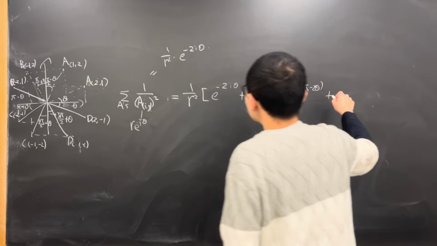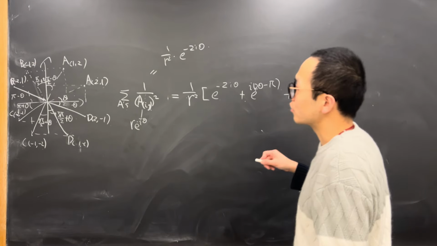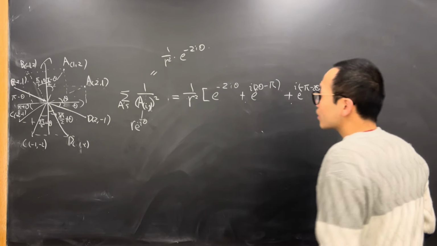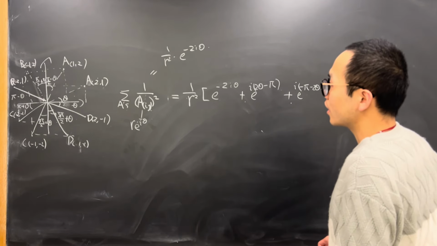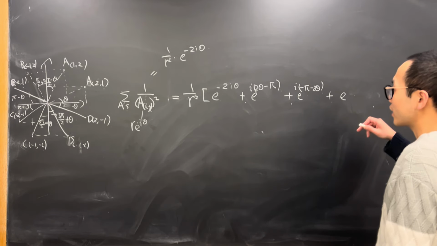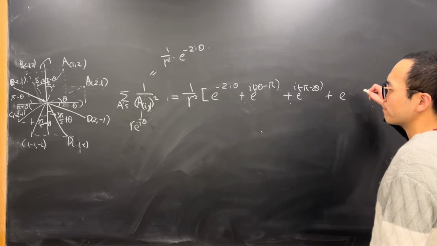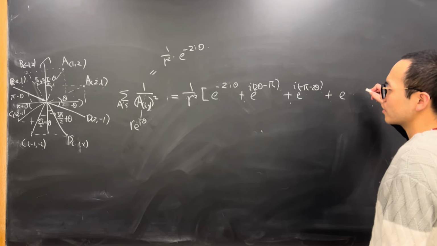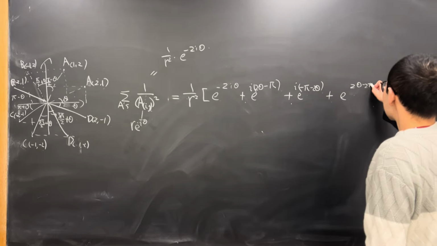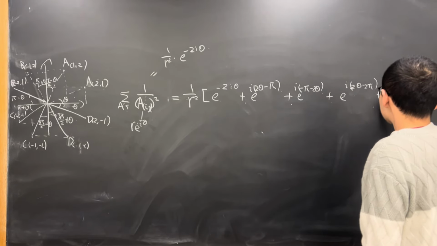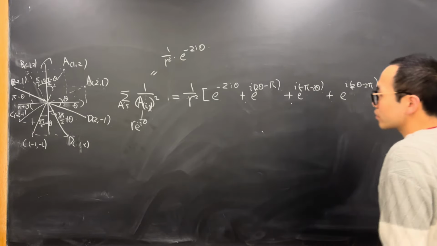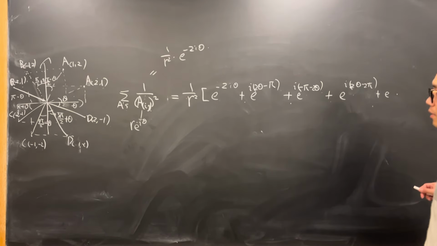For this point it should be 2 pi minus 2 theta, and taking the negation, 2 theta minus 2 pi, plus another point, minus 2 theta minus 2 pi.